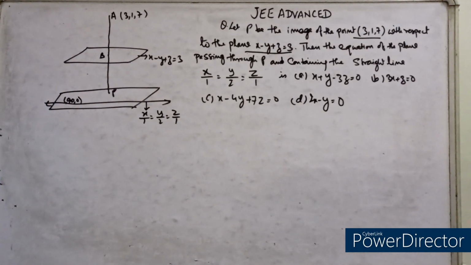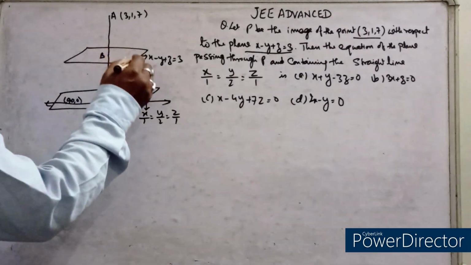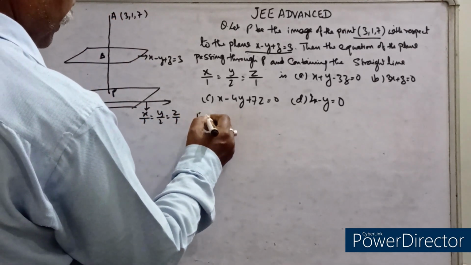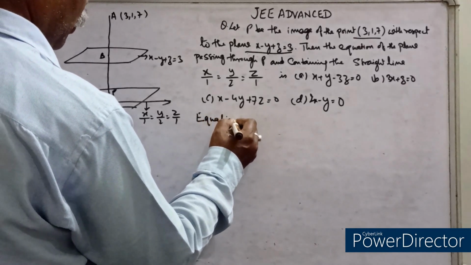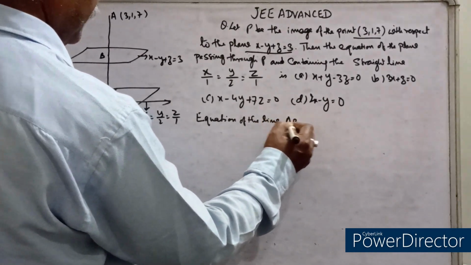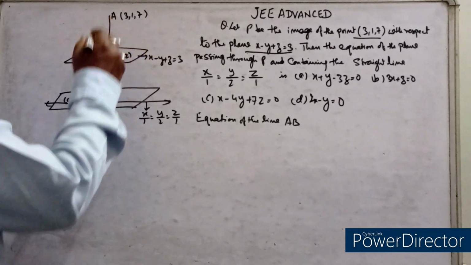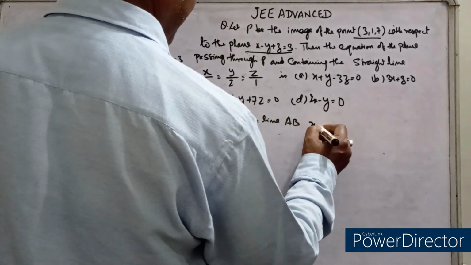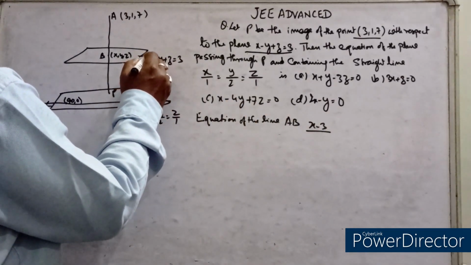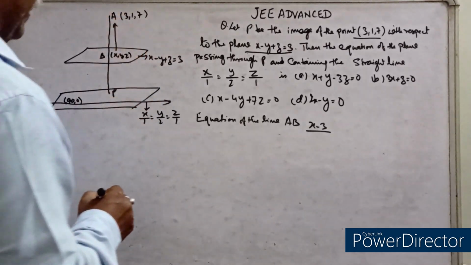So now here you see the equation of the line AB, let this be x, y, z. So this will be (x minus 3) by the direction ratios of this plane, because the direction ratios of the plane's normal will be parallel to this line.